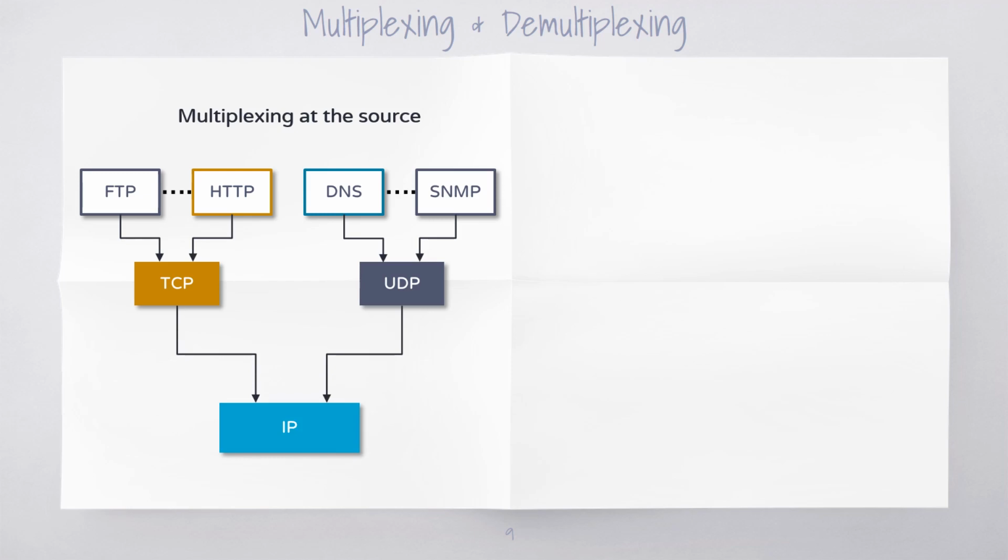So whatever the outgoing packet is, IP is a single packet. These two protocols are multiplexed into a single TCP segment. These two protocols are multiplexed into a single UDP datagram, and TCP and UDP data units are multiplexed into a single IP datagram.